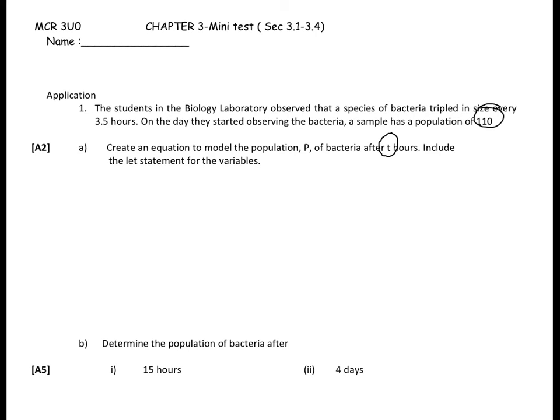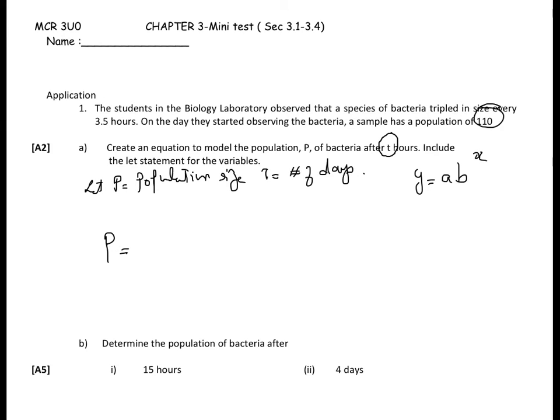So we are going to say let P be the population size, and T be the number of hours. Then we know that P is equal to, remember the equation in general was y is equal to A B exponent x.